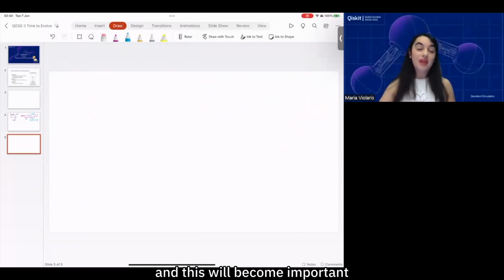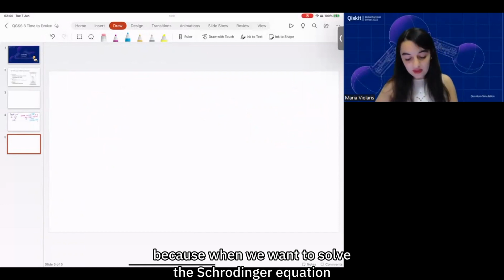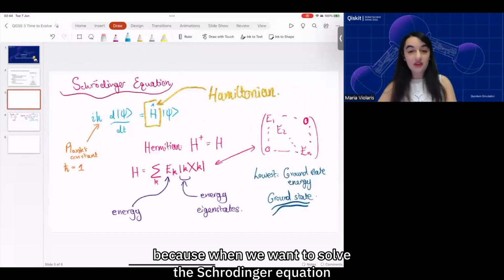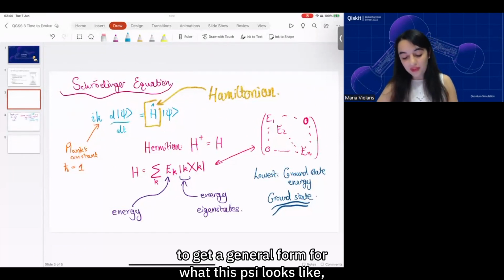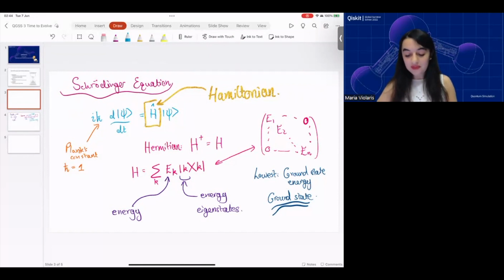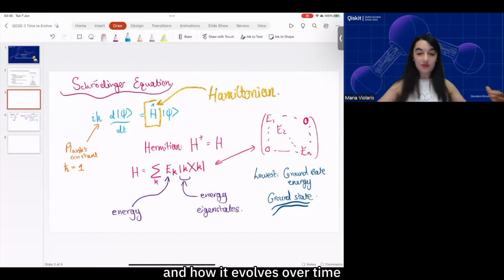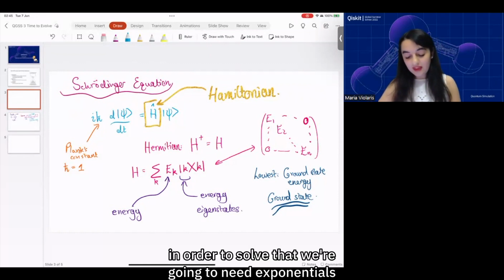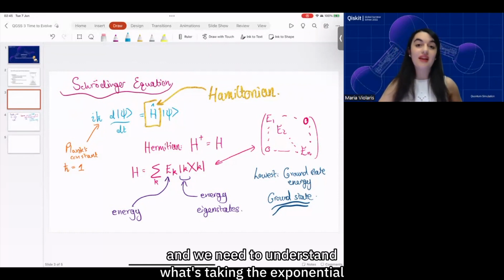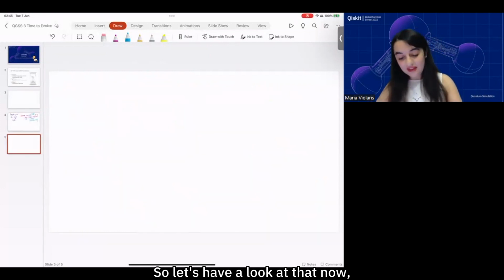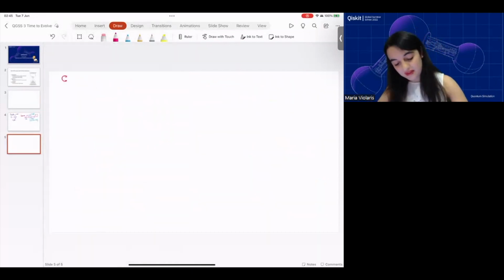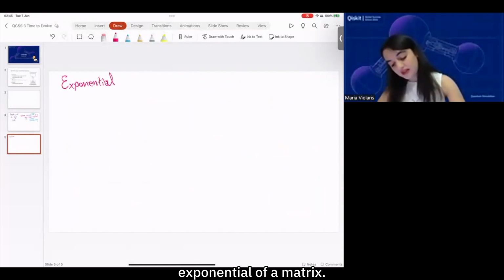And this will become important because when we want to solve the Schrödinger equation, to get a general form for what this psi looks like and how it evolves over time, we're going to need exponentials, and we need to understand what taking the exponential of a matrix means. So let's have a look at that now. Exponential of a matrix.